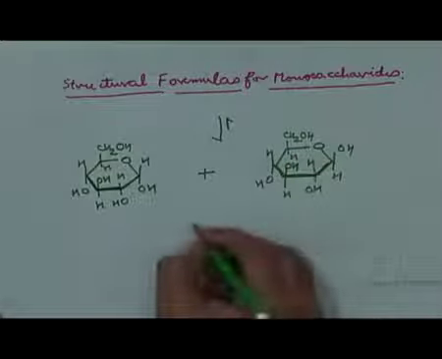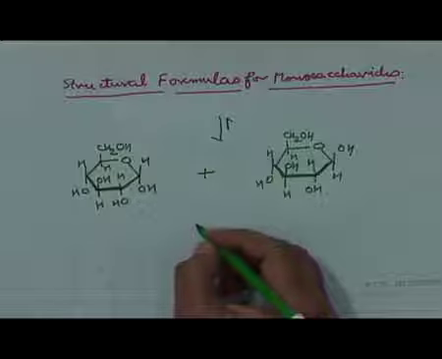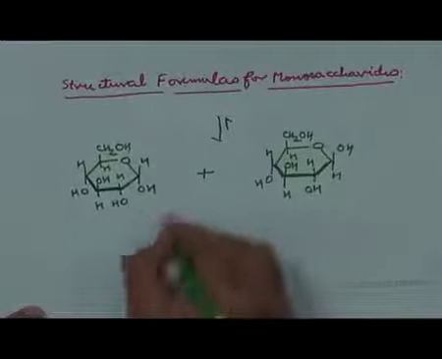This cyclic representation basically is known as Haworth formula.